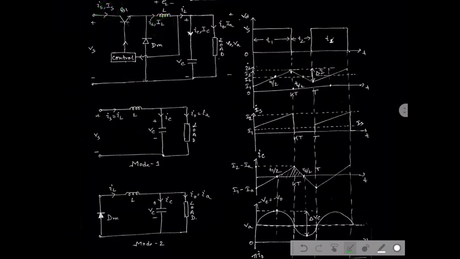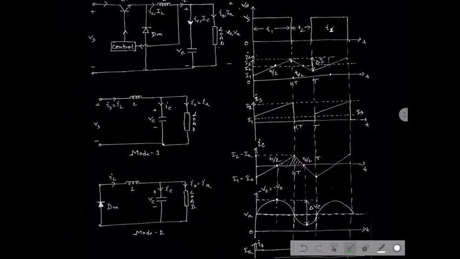Now see, the inductor starts storing energy from this point to this point and discharging from this point to this point. If we consider this particular region, the peak to peak ripple current is defined by delta I. Okay, so this is all about the waveforms.